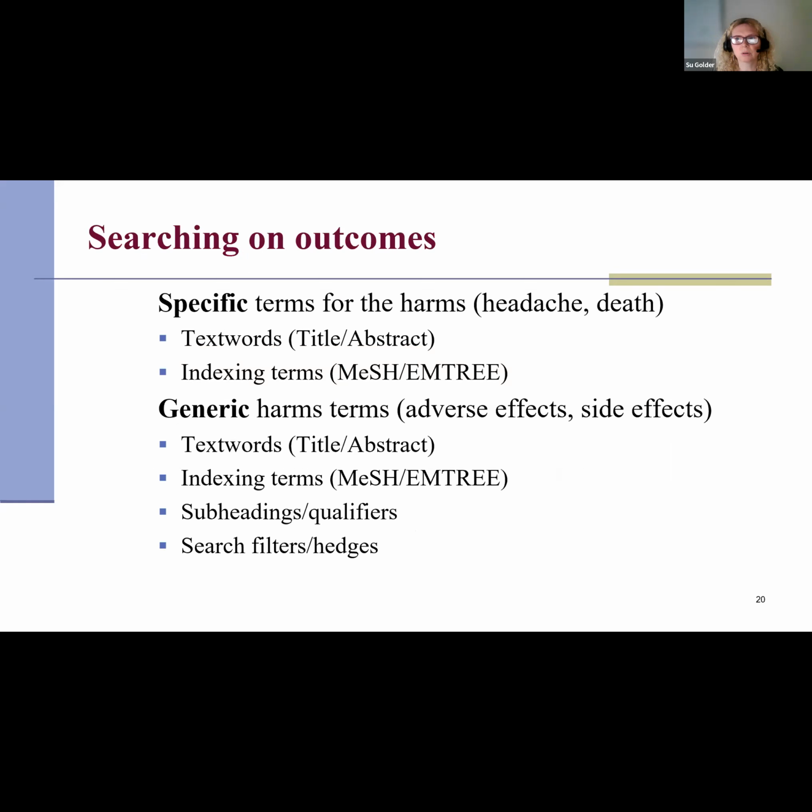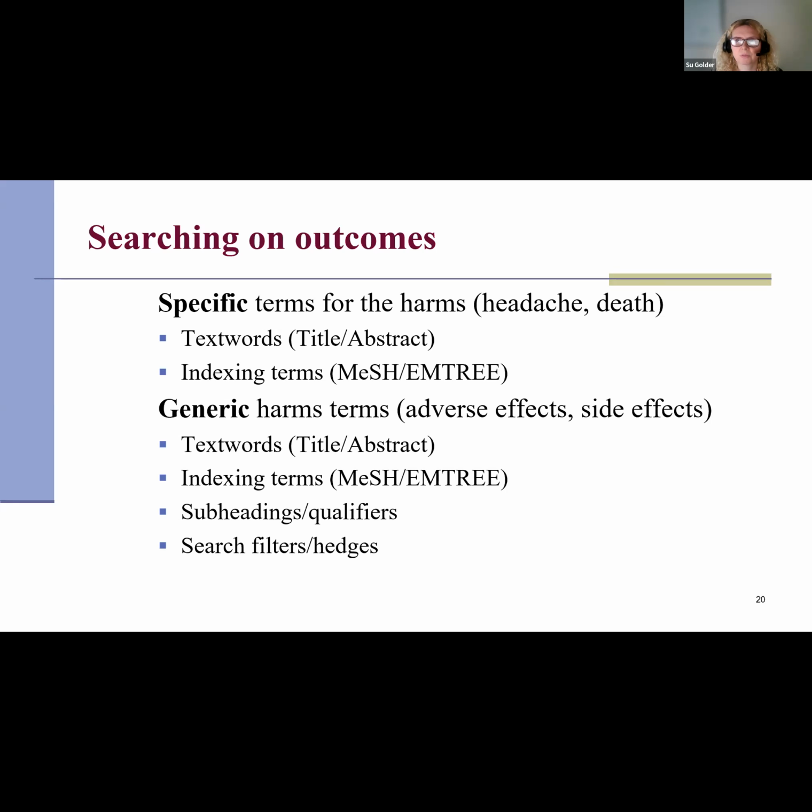But then you've also got the generic terms for harms, such as adverse effects, side effects, obviously harms, complications, etc. And these also can be searched as text words, for example, in the title and abstract, and as indexing terms in MeSH and Emtree, for example. But they can also be searched as subheadings or qualifiers.